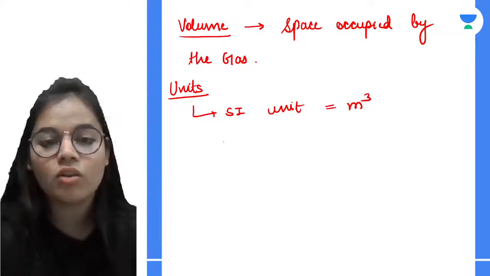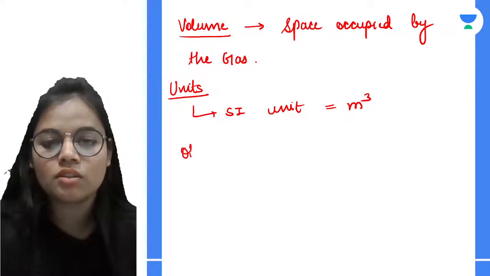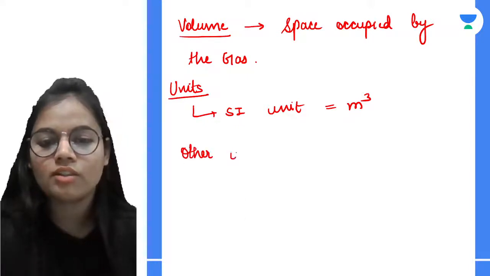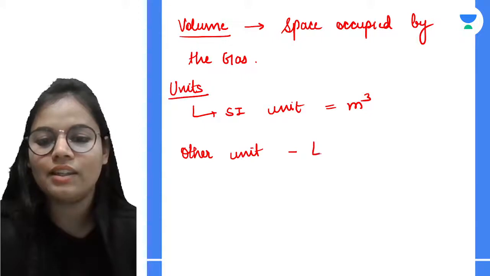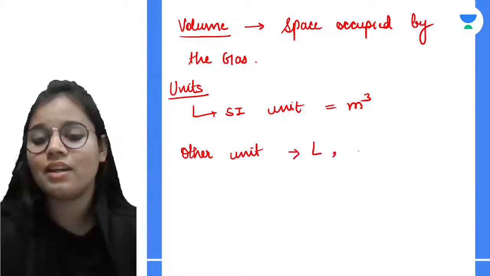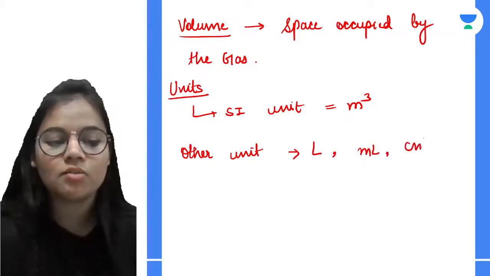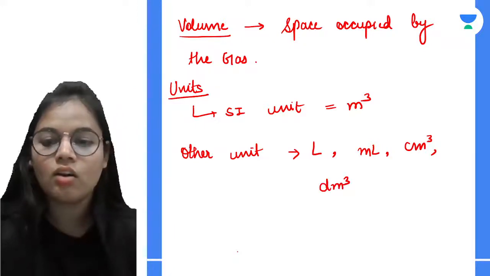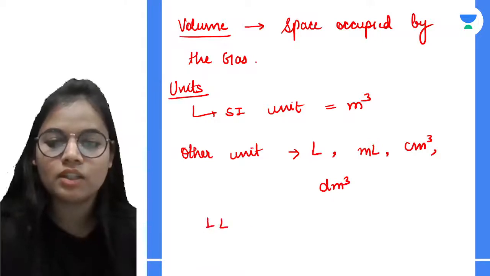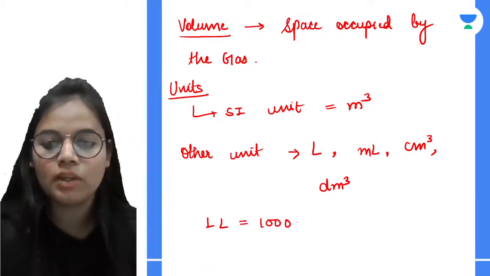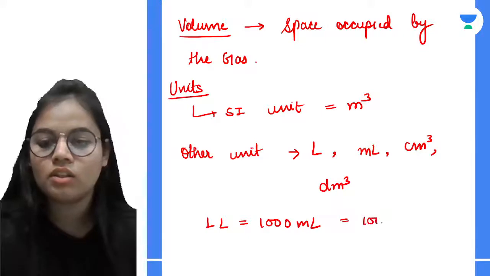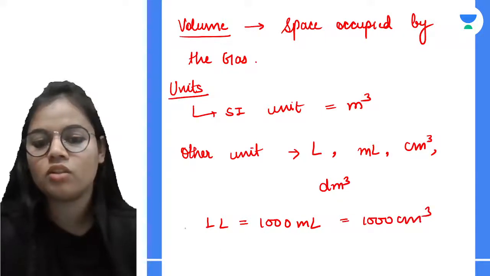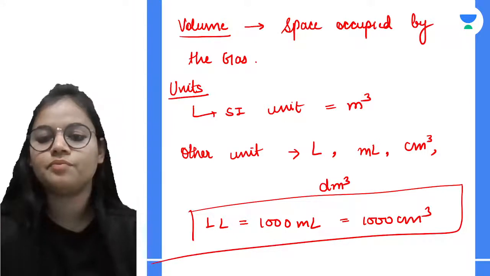And we also have some other units, such as liter, milliliter, centimeter cube, decimeter cube, etc. And here 1 liter is equal to 1000 milliliter, which is equal to 1000 centimeter cube. So kindly remember the relations. All right, after that we have pressure.